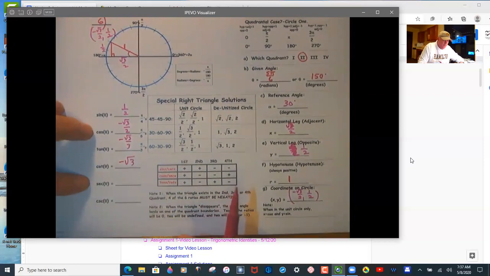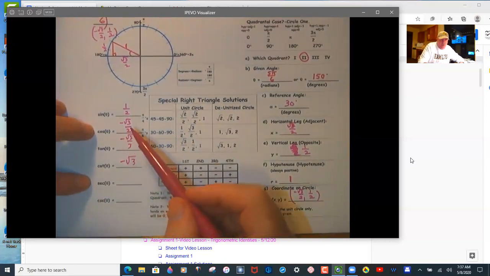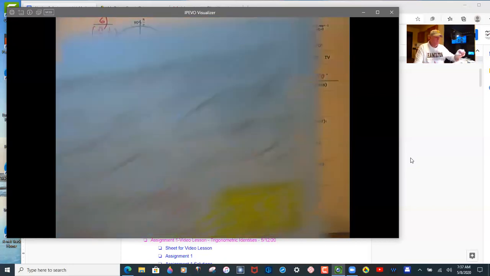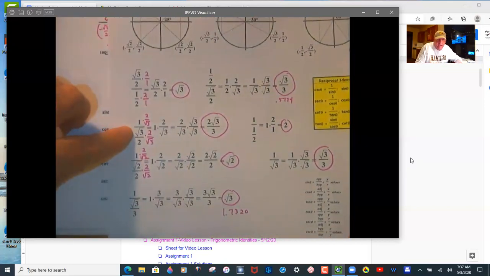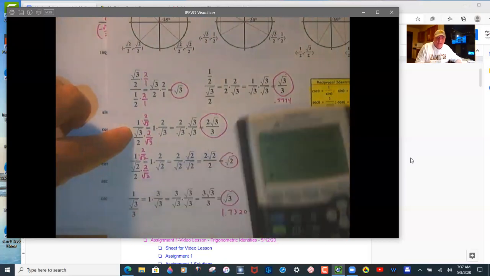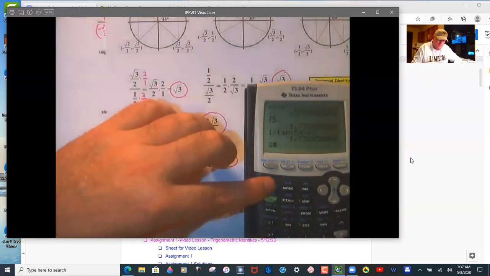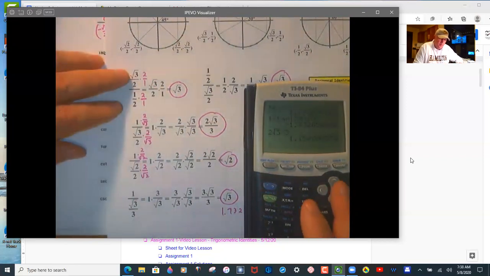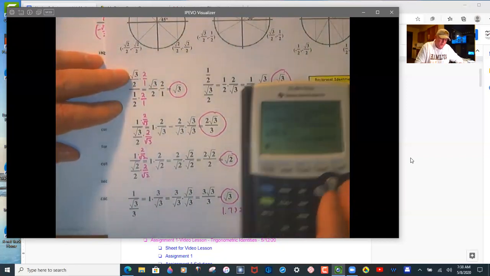And so secant, we're going to take the reciprocal of negative square root of 3 over 2. And that's this guy here. So recognizing that as a decimal. So there's a lot to this when you get into the pre-calc level. So that's 1.1547.